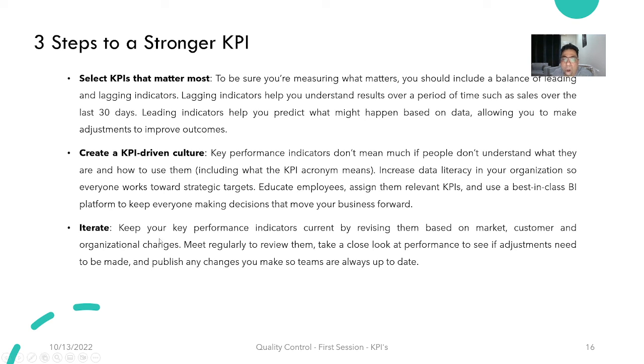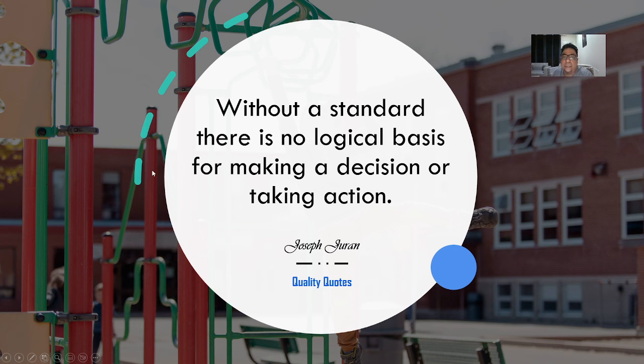You have to be honest when you mention these changes, and see how the performance shows if adjustment needs to be made, how you can adjust these changes, what tools you need to adjust them, and how you can update your team with all the required updates. So these are the steps to produce a stronger KPI.